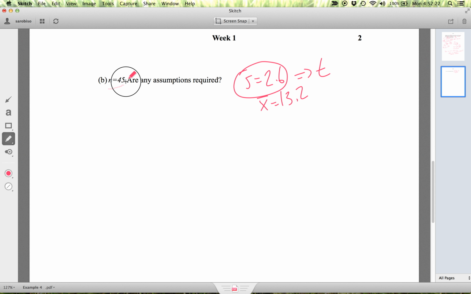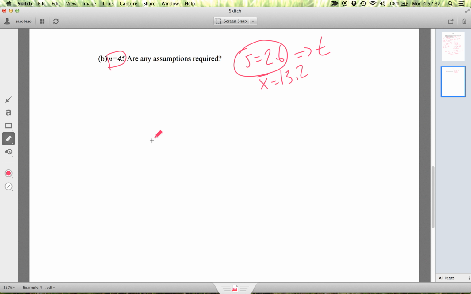However, here n is starting to become large, meaning the central limit theorem will make this t distribution into a normal distribution. So we can actually use a z or a t. I just showed you how to use the t, so you can do that if you like, but in this particular case, I will use the z distribution to do this confidence interval.